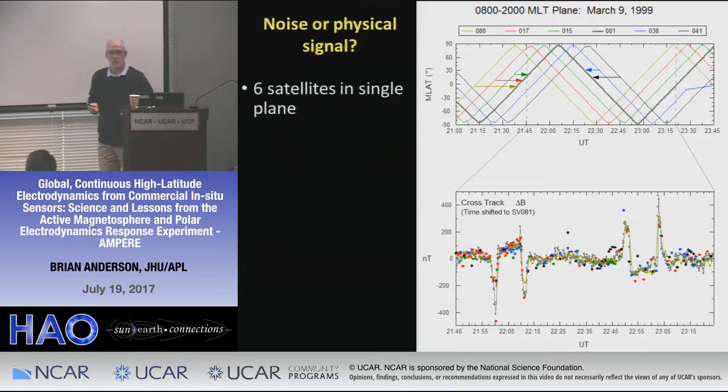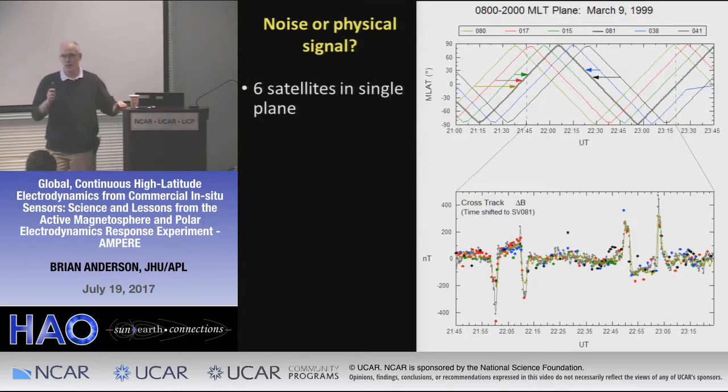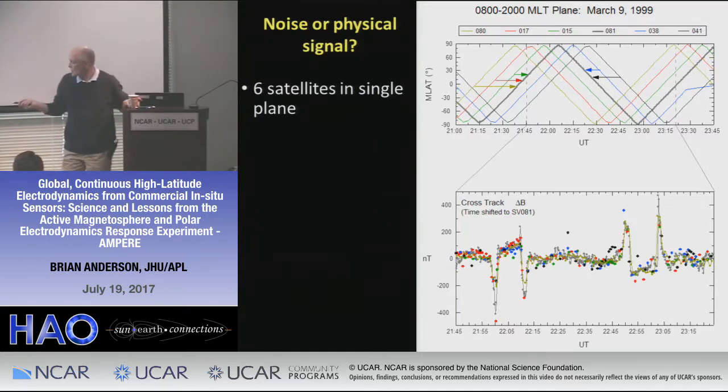And this is when I was writing an abstract, and I sent it to the Iridium engineers, and I said that we're getting signals here on the order of about, maybe 50 nanoteslas or so noise, 70 nanoteslas noise. And they said, no, the noise is several hundred nanoteslas. And I said, no, that's my signal. Because they did not know that this was real signal.